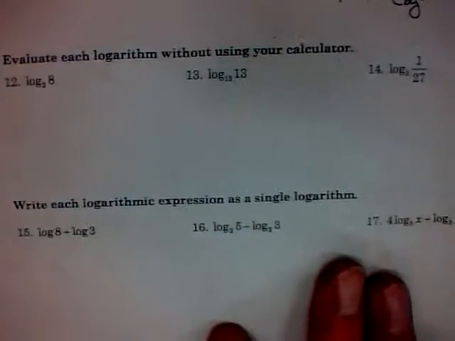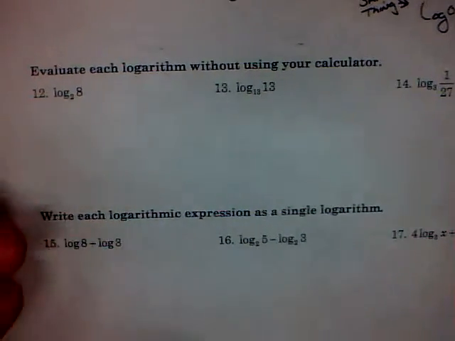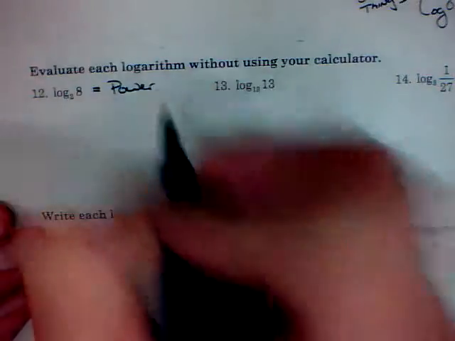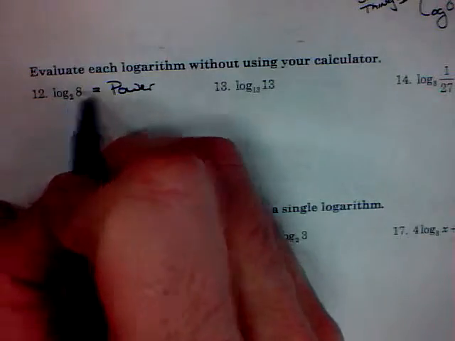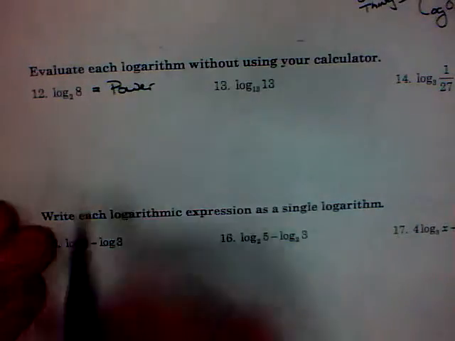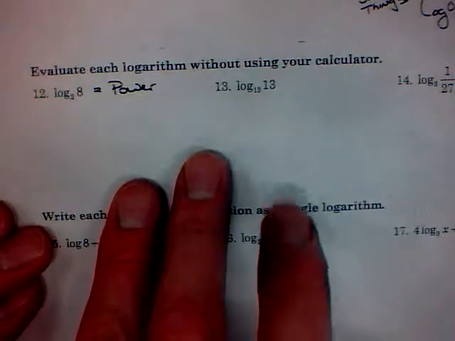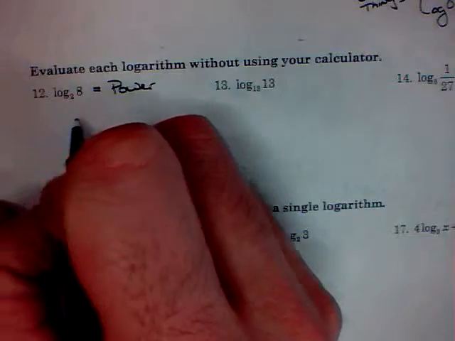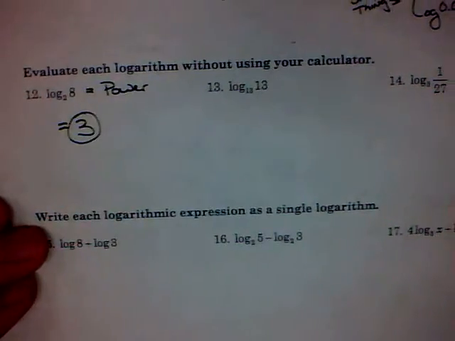Now, let's evaluate some logs without using a calculator. So remember, log equals a power. That's what a log equals. So this is 2 to what power gets you 8? How do you get from a 2 to an 8? Well, it's 2 times 2 is 4 times 2 is 8. So it looks like there's 3 2's. So this is equal to 3. Okay.